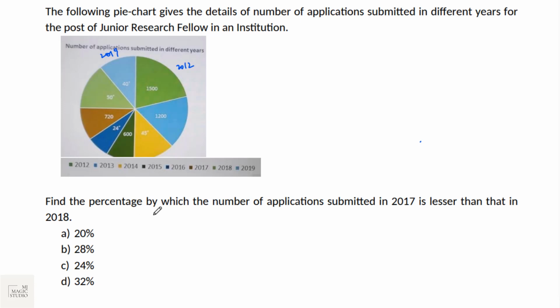Find the percentage by which the number of applications submitted in 2017 is less than that of 2018. 2017 number of applications are 720. 2018 angle is 50 degrees. We need to find the value of 50 degrees now. So we have 1500, 1200, 600 and 720. That is 4020.